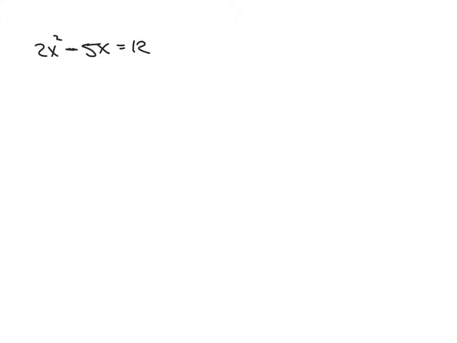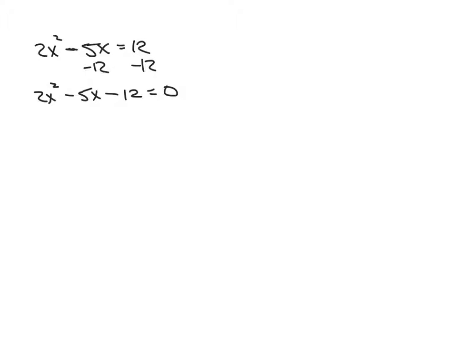So we're going to have to take anything on the right hand side and move it over here. So how do we take a number and move it over? Well, it's a plus 12, so we subtract 12 from both sides. Yay, now we get it equal to 0.